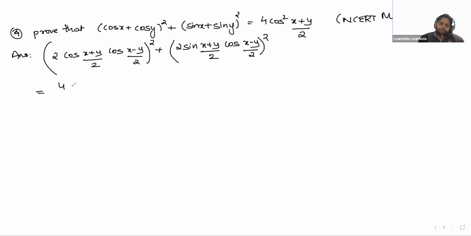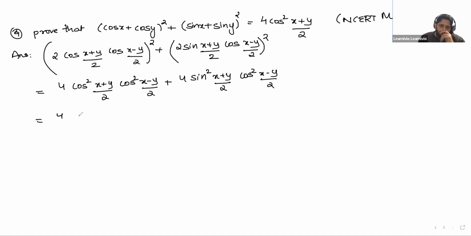Now open this bracket. You will get 4 cos square (x plus y)/2 cos square (x minus y)/2 plus 4 sin square (x plus y)/2 cos square (x minus y)/2. Now take 4 cos square (x minus y)/2 common, and what we will get is cos square (x plus y)/2 plus sin square (x plus y)/2.